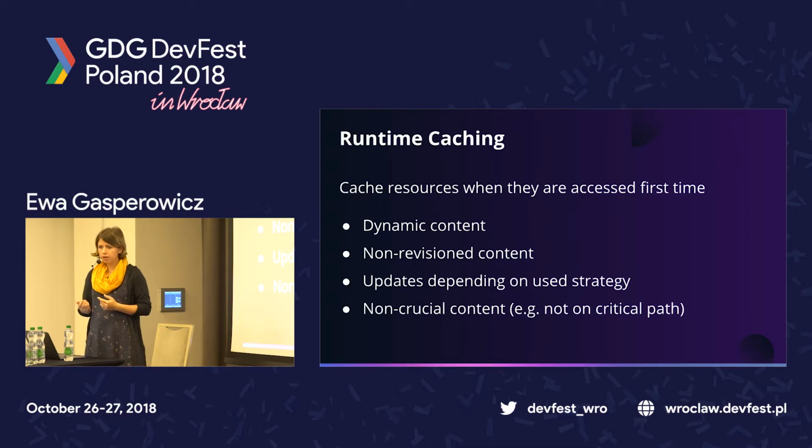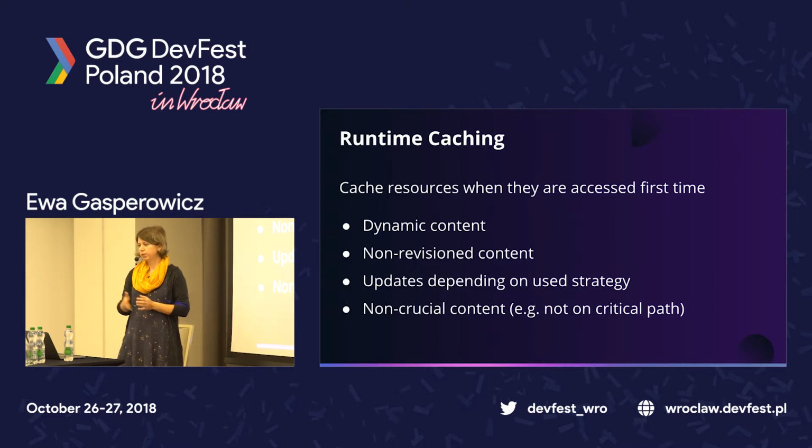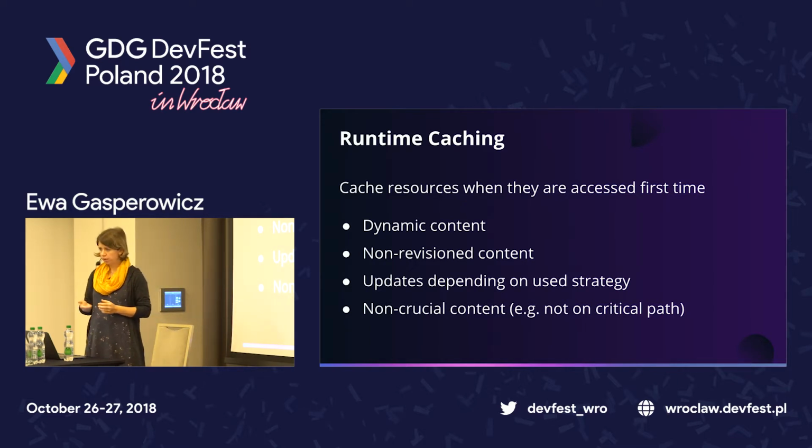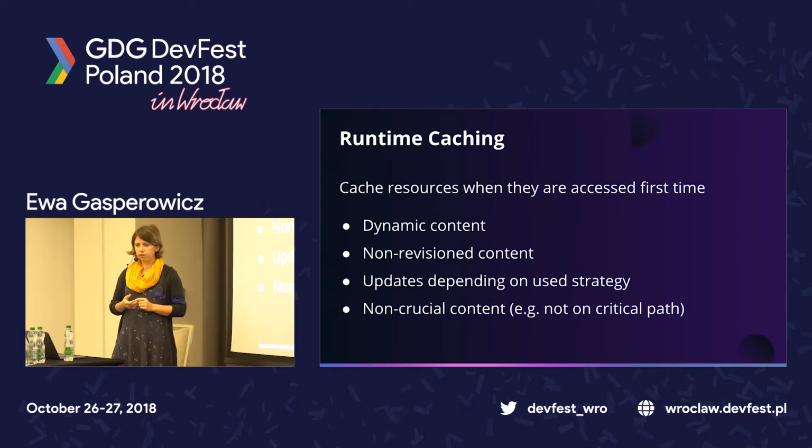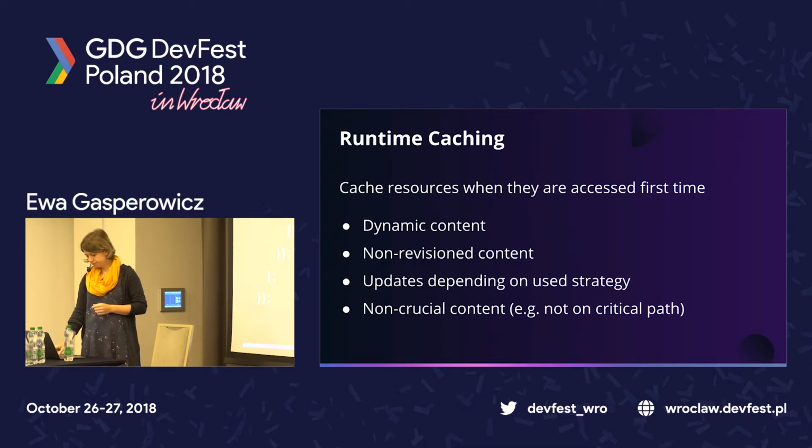But when you do runtime caching, for example, when the user visits the URL, that's when you download it to the cache, because there is, for example, high likelihood that they will go back to this content at some point. It's better for non-revisioned content than pre-caching, and also it updates independently of the service worker, so you don't need to change your service worker version to go and refetch the content during the runtime cache.